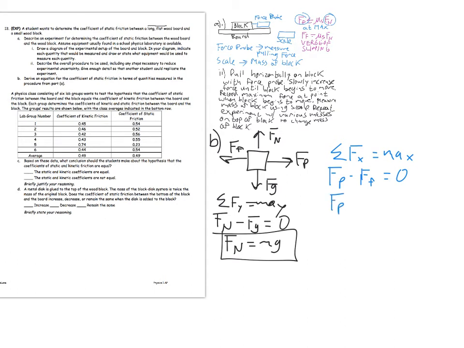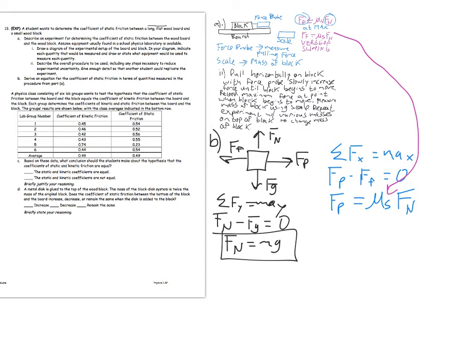So our pulling force is equal to the force of friction, which is mu s times our normal force. Here the force of friction is at a maximum, so we can take that equation we already talked about before and just set F_f equal to mu times the normal force, because friction is at a maximum.